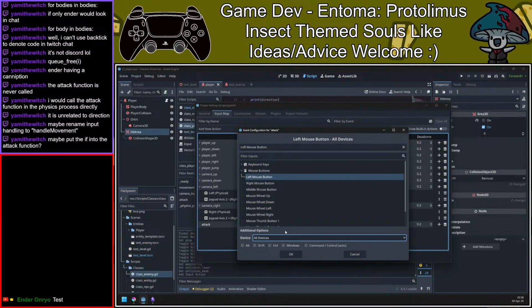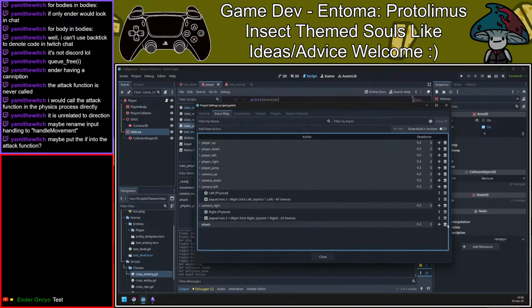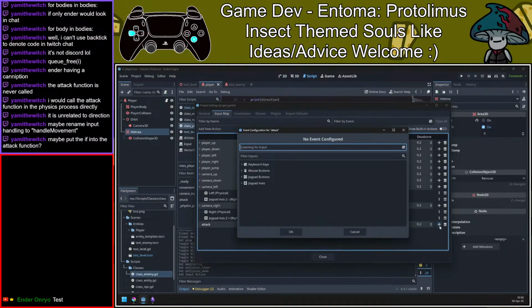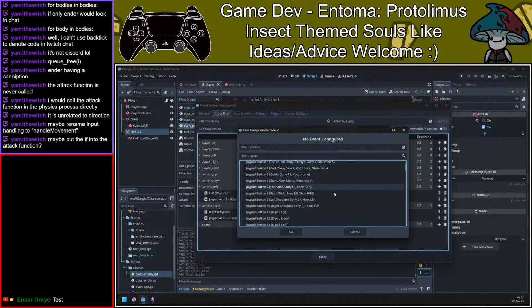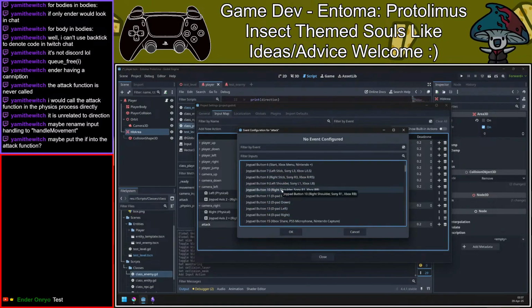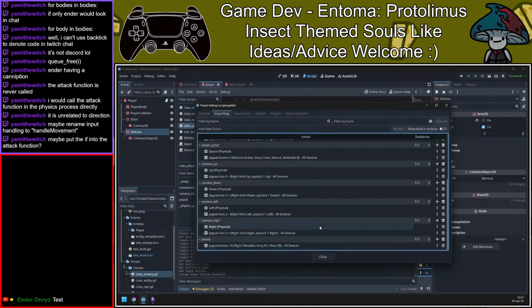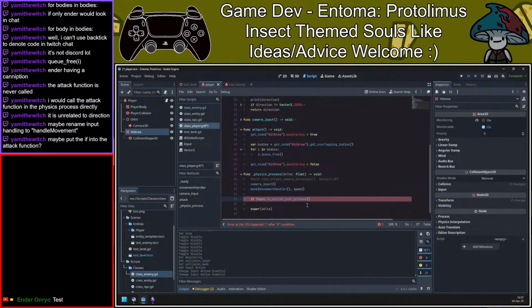Maybe put the if into the attack function. I guess that could be renamed to attack handler. Why is it not detecting my joypad? Okay. And then, I guess, E. E can be attack.